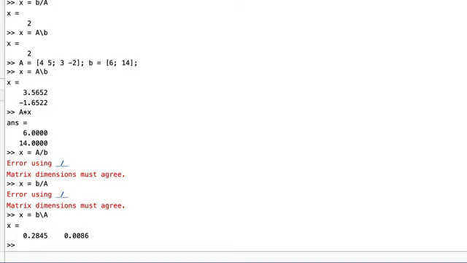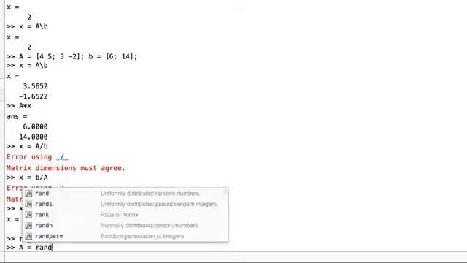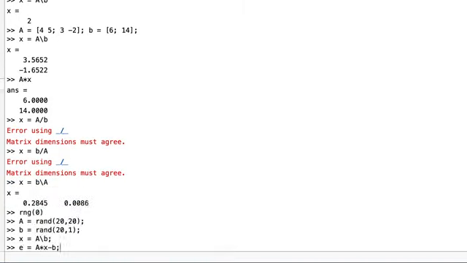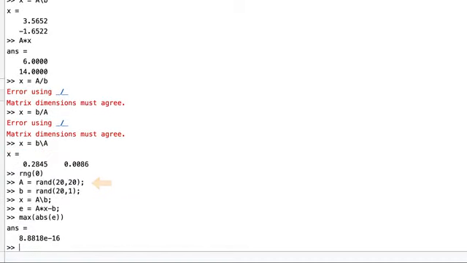Oh, and in case you'd like to see a larger problem, let's solve one with 20 equations and 20 unknowns. I'll use the function rand to help me gin up a matrix of coefficients and a vector b of constants, and I'll initialize it with rng so you can try the same thing with the same numbers. Here we set up a 400-element array A and a 20-element column vector B and solve for x.